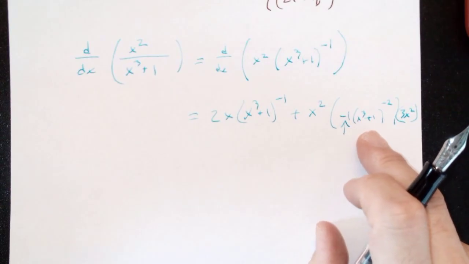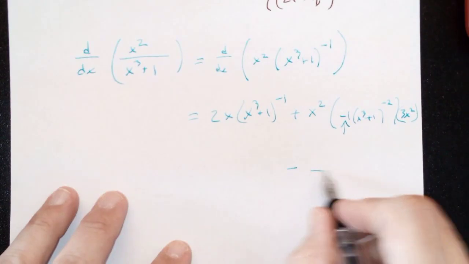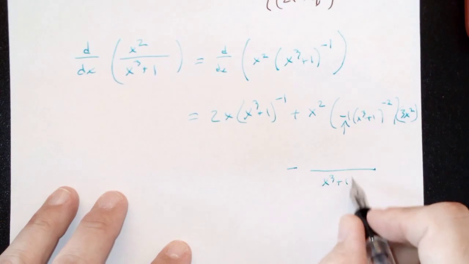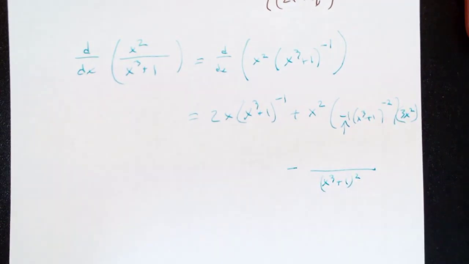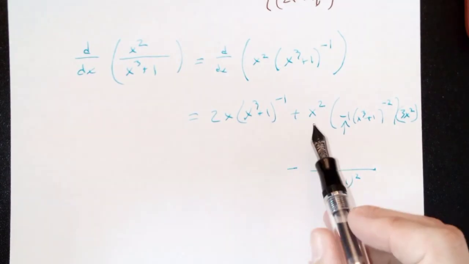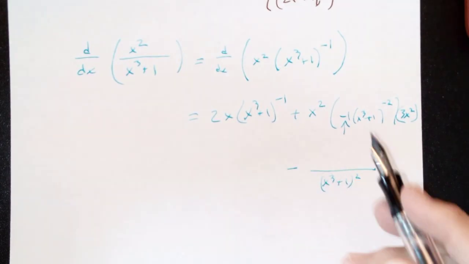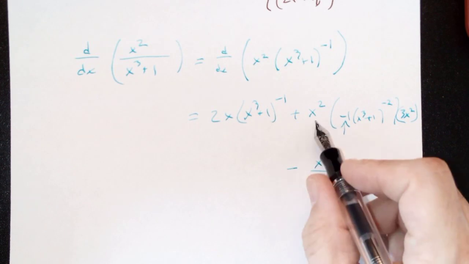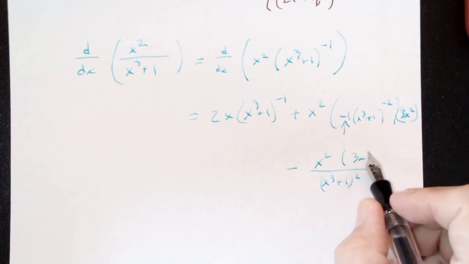It goes in the bottom. What's left on the top of that fraction? There's also this x squared, isn't there? There's the x squared from here, and there's the 3x squared from here.